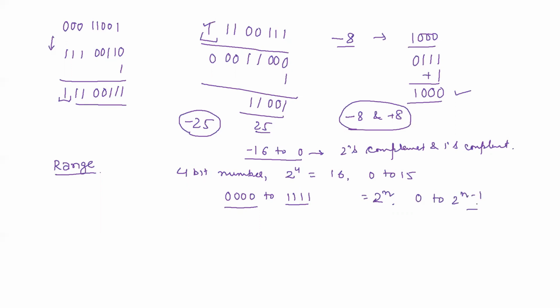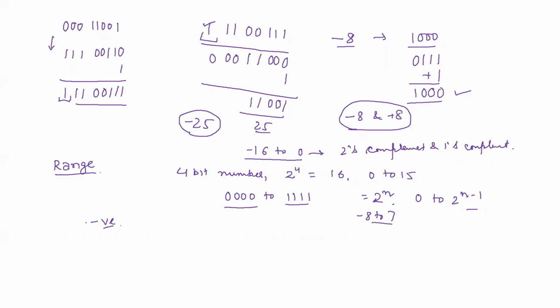Now, if we put negative numbers also, then the total numbers remain the same, but the overall range changes. Instead of 0 to 15, this becomes -8 to 7.